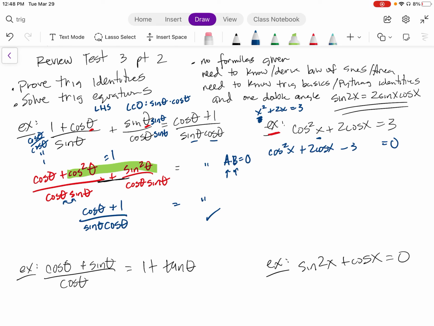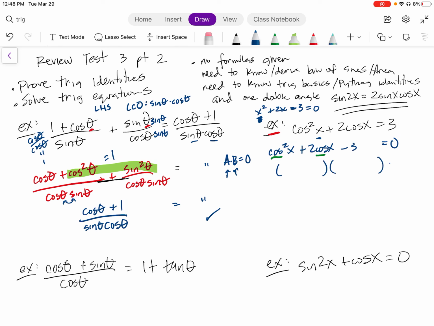If you only have a single trig expression, like I have here, cosine, we could think of it like I wrote above, x squared plus 2x, and then just subtract 3, or just rewrite that, minus 3 equals 0, and factor. Usually we don't make a u substitution, but you can if you want. If you want to write u as cosine x and then factor, that'll work.